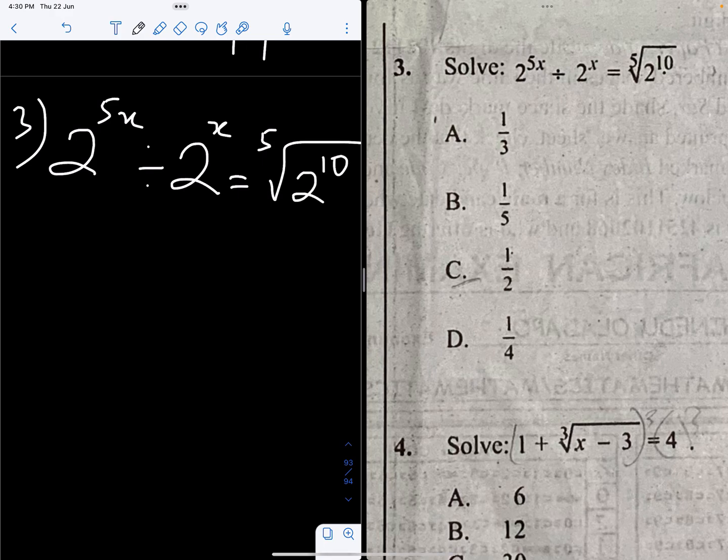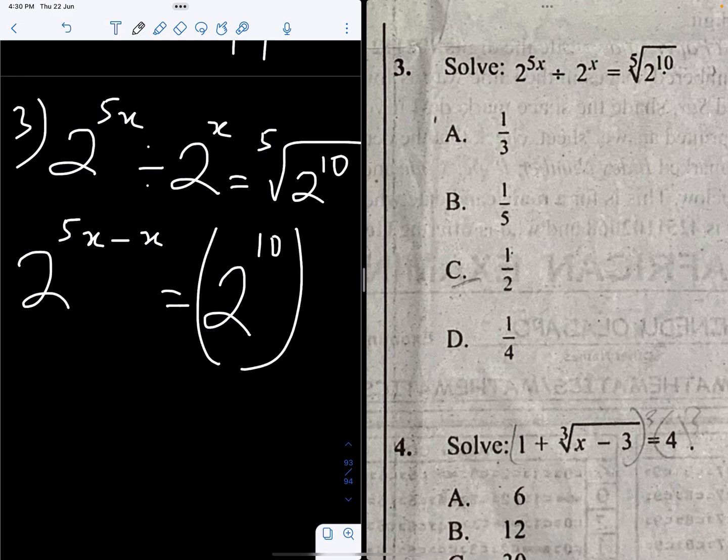Okay, this is simply the same as 2 raised to the power 5x minus x equals the 5th root of 2 raised to the power 10, which is the same as 2 raised to the power 10 times 1 over 5, and that simply means 2 raised to the power 4x equals 2 raised to the power 2.